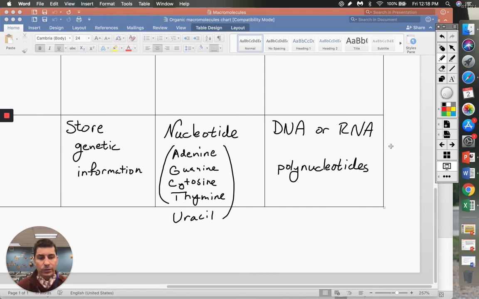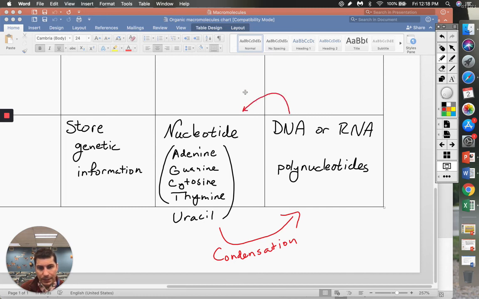So with that chart, guys, make sure you know all of this chart. Make sure you know if you're going from a nucleotide to DNA, this is a condensation reaction. If we're going from DNA and breaking off some nucleotides, this is going to be a hydrolysis reaction.